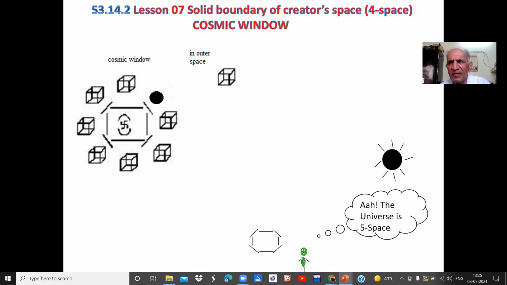And the mental state, because of the restrictions of 4 space, gets dissolved, melts away, and one realizes blissfully, oh, the universe is five space, the universe is not four space, as was the condition of the individual when one was within the four space domain.